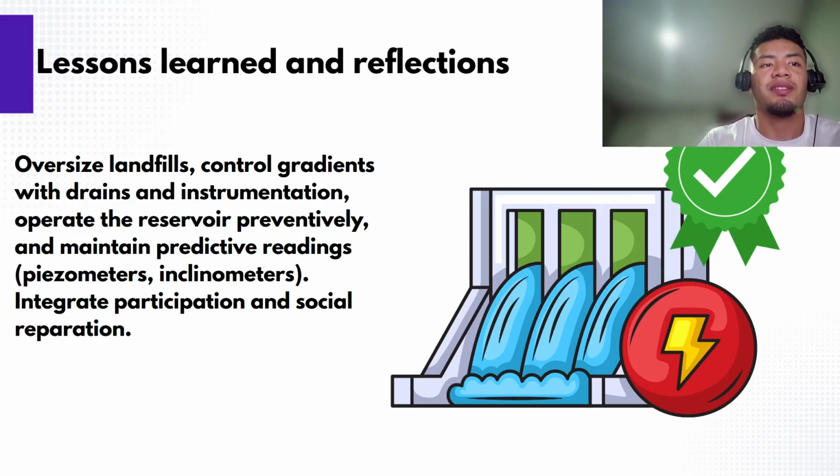Predictive maintenance based on piezometer, settlement, and drain flow readings enables early actions. Social participation, remediation, and territorial development help reduce the conflict and increase the local benefits.